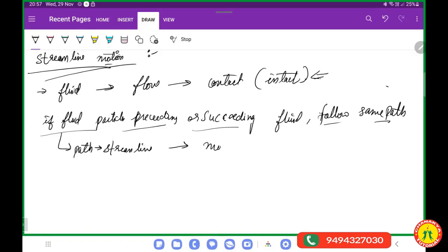And the motion is called streamline motion.